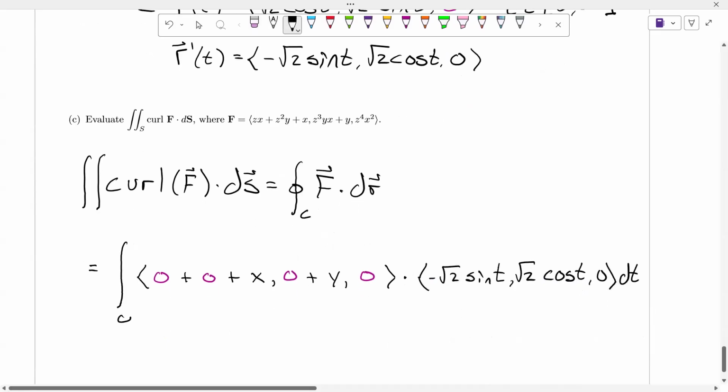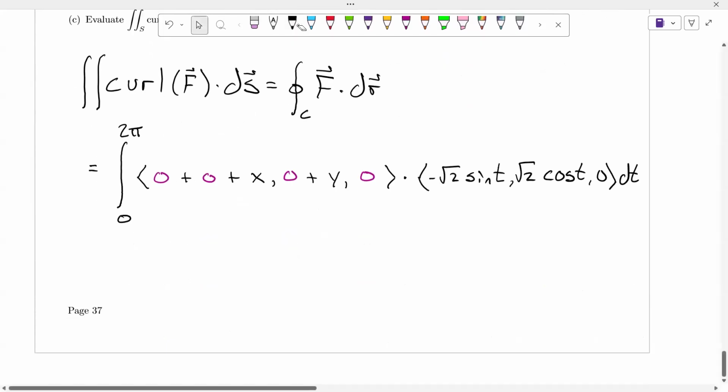I know that t is going from 0 to 2 pi, so I'll plug those parts in. I left the x and the y parameterizations alone for a second because I really wanted to focus on the fact that all of that z stuff went to 0. But when I take the dot product, I will finish substituting my parameterization in.